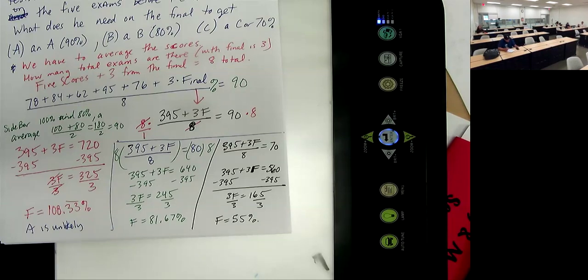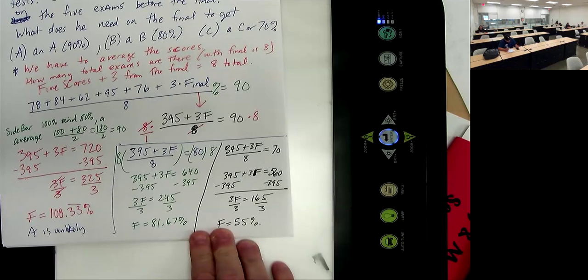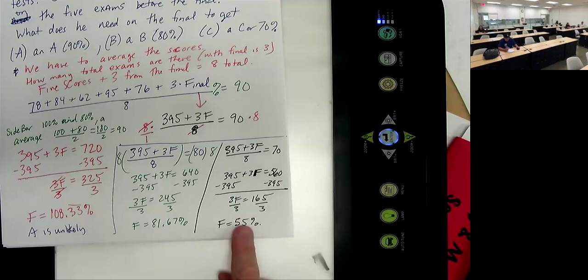If you know what you got, you can calculate what you need, and that way you can walk into the final with less stress. Because before this, you might be walking in going, I need to get something really high to pass. But he doesn't really need to. That's barely over half, right?